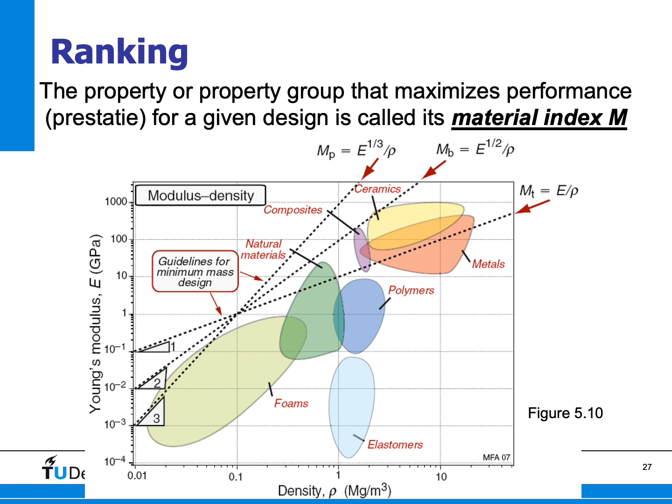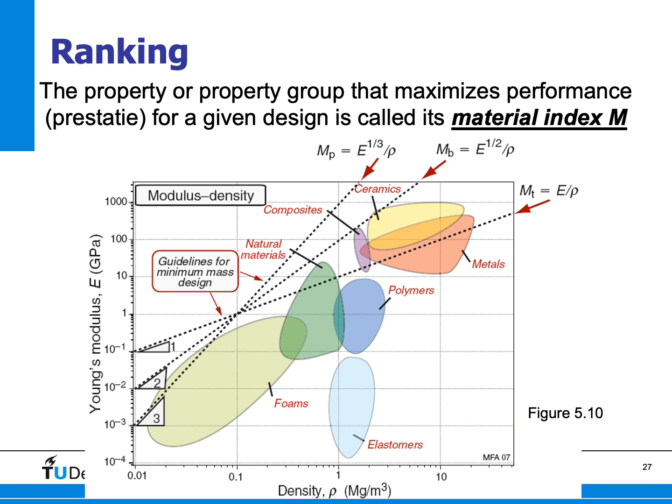Now an example of an Ashby graph in which several material indices M are displayed is given here in this figure. This is not related to any electrical properties, but to mechanical properties. Here you see the Young's modulus of the material in gigapascal versus the density rho in megagrams per cubic meter.